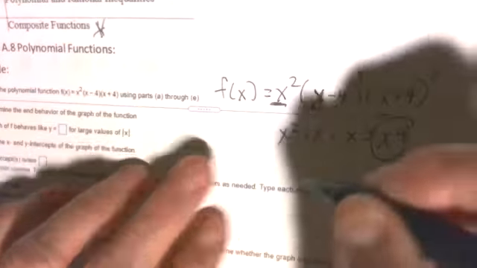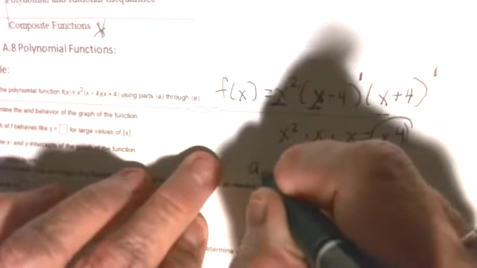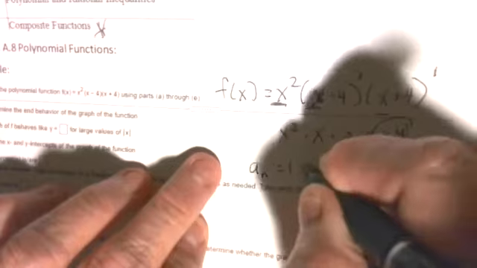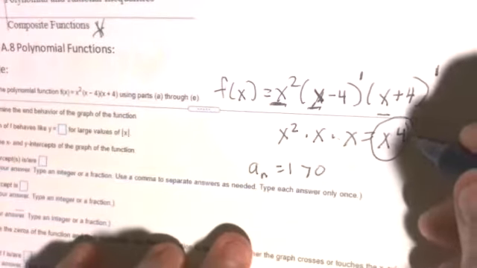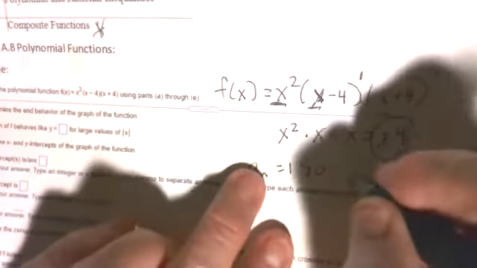It's like this if the leading coefficient's positive, and it's like this if the leading coefficient's negative. So anyways, when we look at this particular problem, my leading term is this x to the fourth. So my leading coefficient is just 1, which is positive, and 4 is the degree.